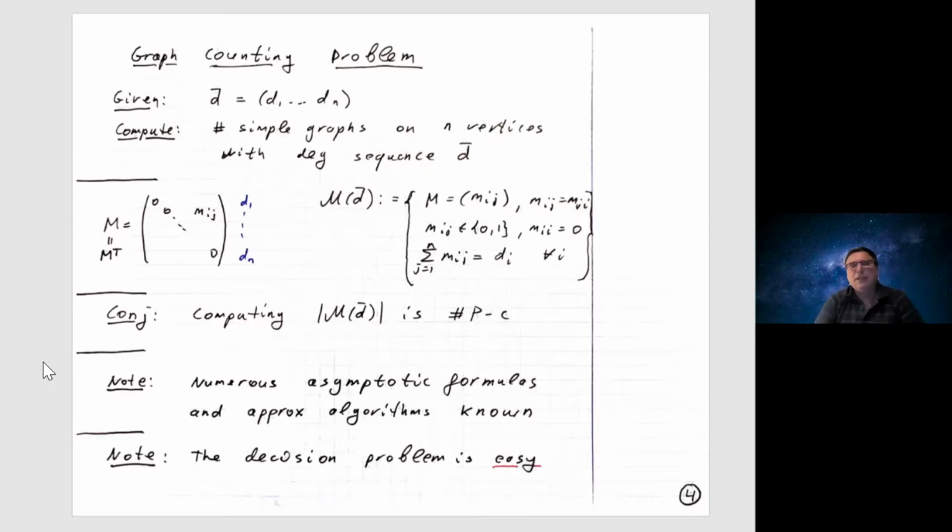That keeps all the degrees, and one can easily show that the underlying graph is connected. You can run a Markov chain, and the question is, does the Markov chain mix in polynomial time? Often it does, and there is a gigantic amount of literature on that. Those of you who want to know more about this, Nick Wormald gave a talk at the ICM in Rio, where he spent the whole talk on many different aspects of this problem.